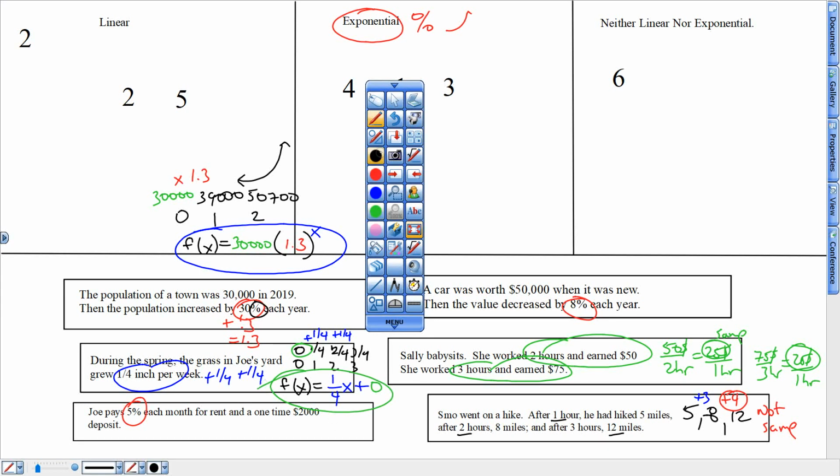All right, here we go. Almost to 0. 2,000. I'm timesing that 2,000 by an extra 5%. So that is 1.05 I'm timesing right there. 2,000 is my y-intercept. Let's clean that up a little bit. So my y-intercept is 2,000.